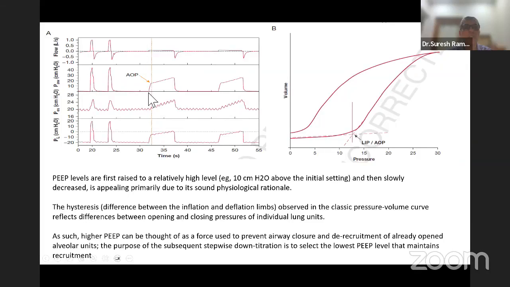The first inflation is basically meant to open up the individual lung units. In a pressure volume curve, it is not the lower inflection point. What we are looking at is this. The airway opening pressure is more important, to prevent airway closure and de-recruitment of already opened alveolar units. So that might be one way in which we can think of doing this.